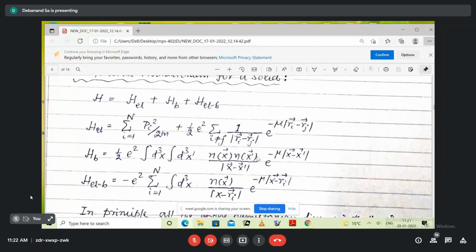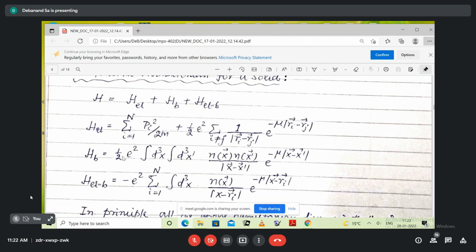And this is again 1 by x minus x prime, e to the power minus mu x minus x prime. And of course, this density is just 1. Here also there's the density, which I have taken as 1. And x are the coordinates of the ions, and r are the coordinates of the electrons. So just to distinguish, I have written in this form.